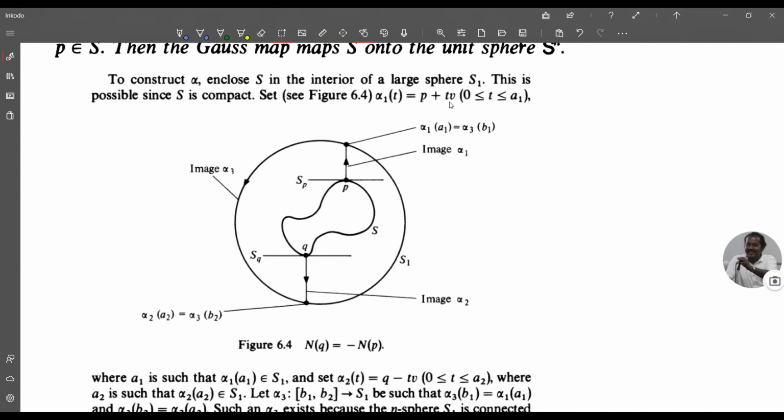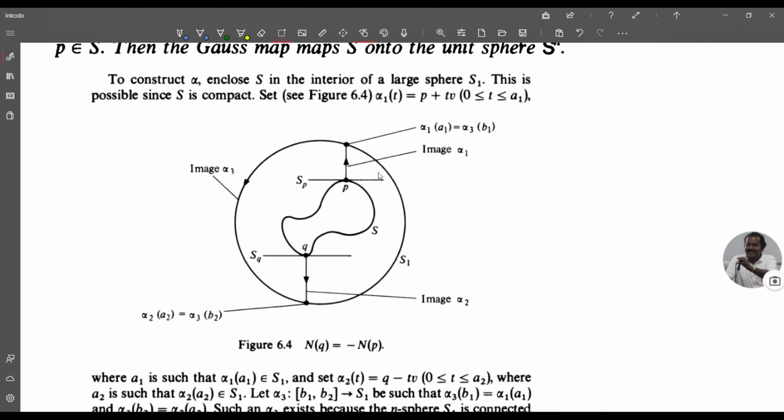So you are defining a function alpha 1 of t is equal to p plus tv in the interval 0 less than or equal to t less than or equal to a1, where a1 is such that alpha 1 of a1 belongs to s1. So this will be the image of alpha 1 because it is p plus tv.